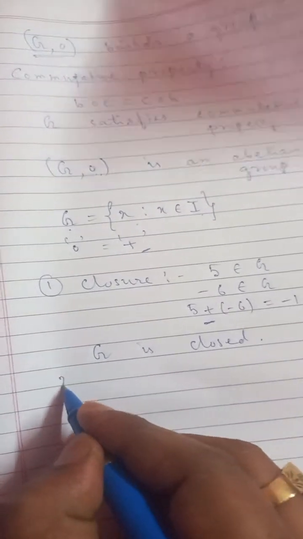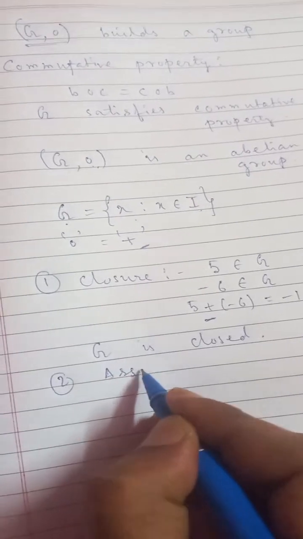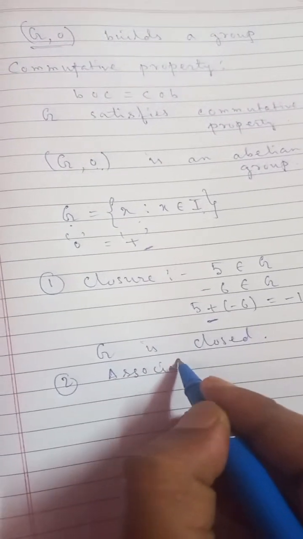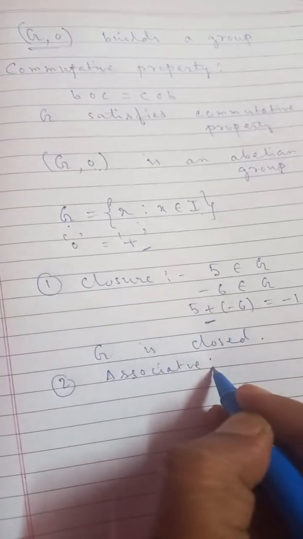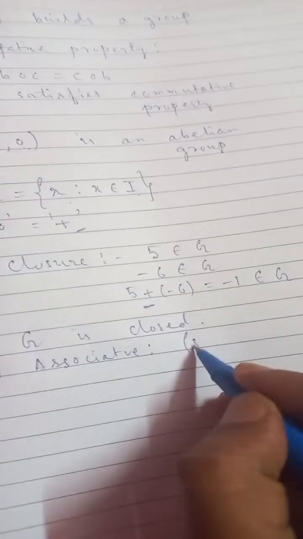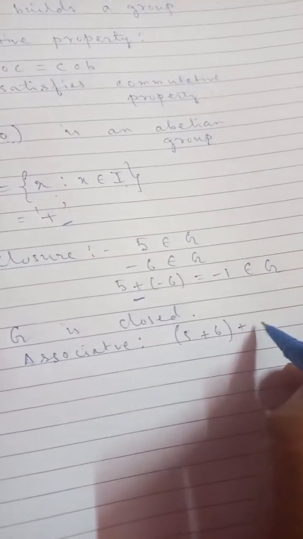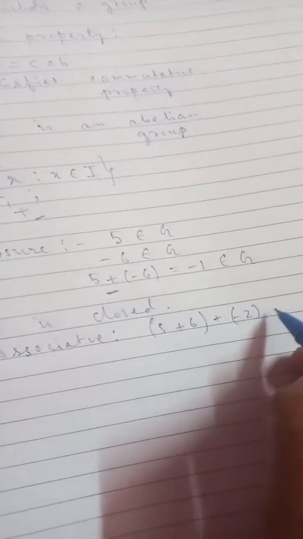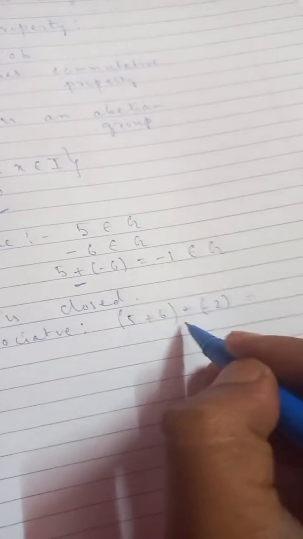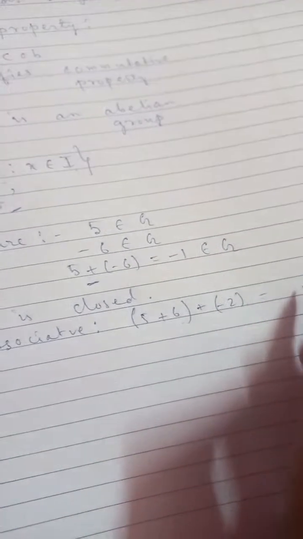Now the associative property. If we take 5 plus 6, plus minus 2, we will have 5 plus 6 is 11, minus 2 is equal to 9.